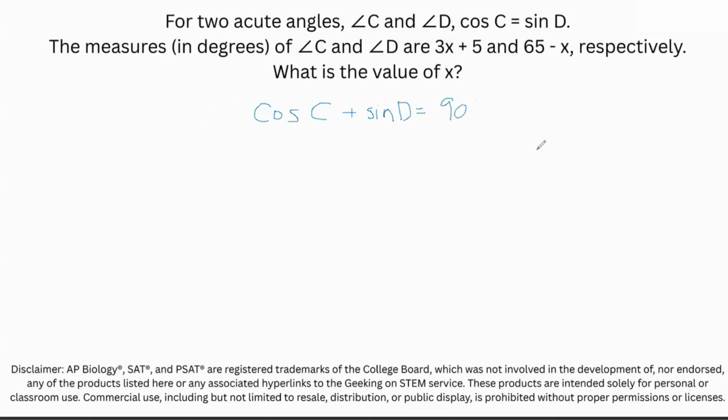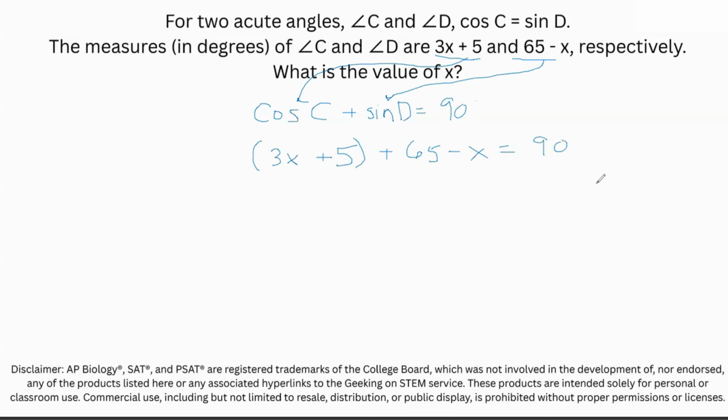And because of this, we can go ahead and say that the appropriate degree measurements can be plugged in directly into this equation. So we can go ahead and substitute 3x plus 5 plus 65 minus x equals 90.